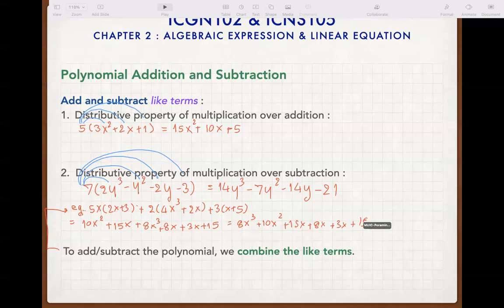And then we find the like terms that are 15x, 8x, and 3x, and we just combine them together. Then we get 8x cubed plus 10x squared plus 21x plus 15. Right, okay, this is the way that we combine the like terms together.